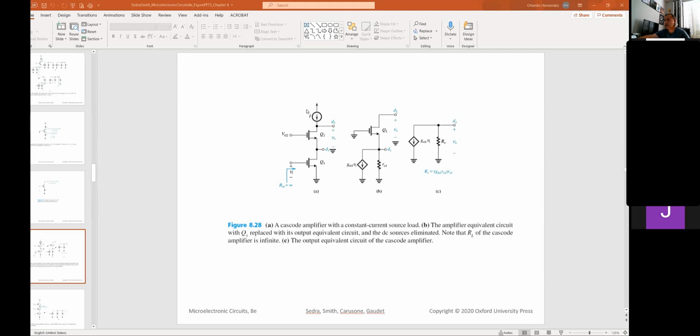We have our constant current source load. In here we have our input, but then we have this transistor here, which is biased, which is also a common gate from a small signal perspective. And we take our output here at the drain of Q2.